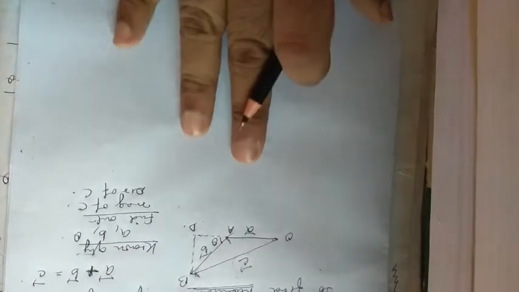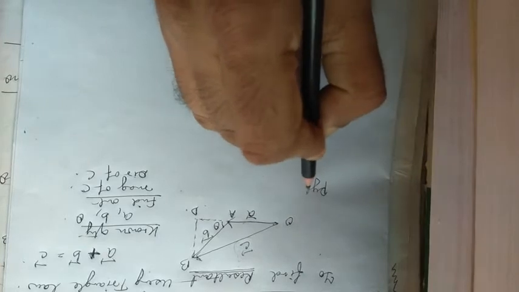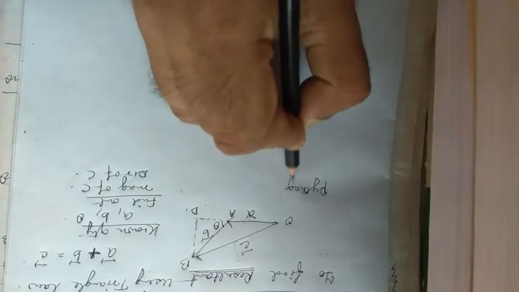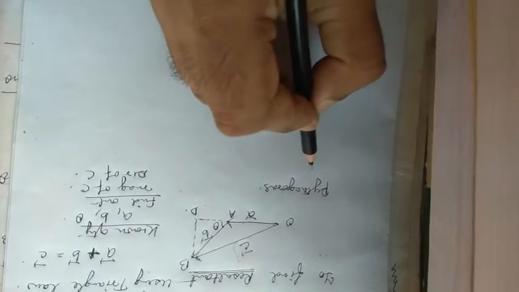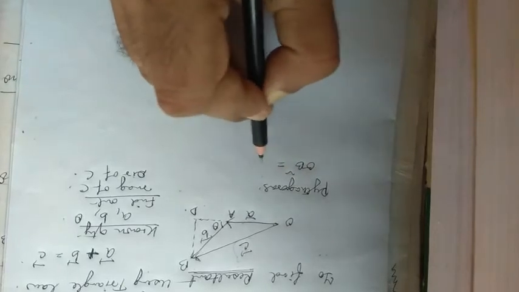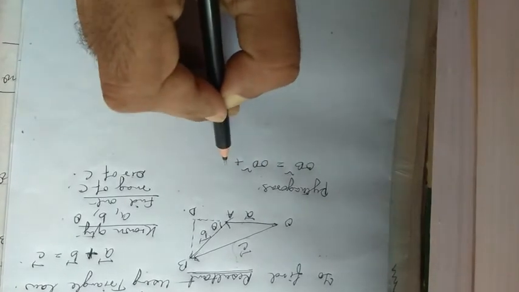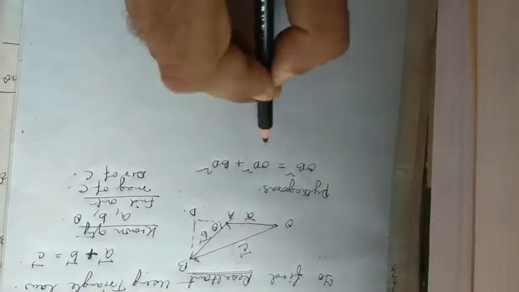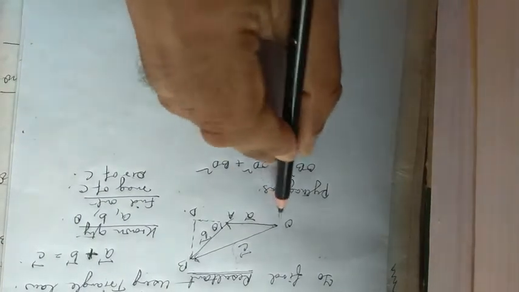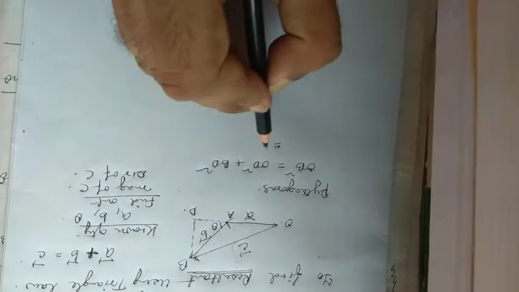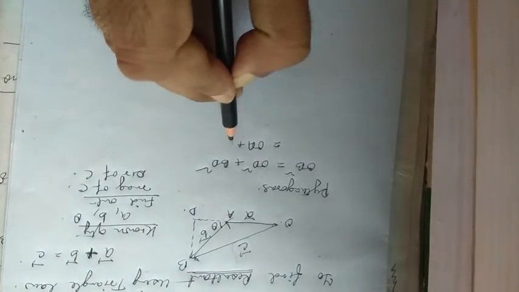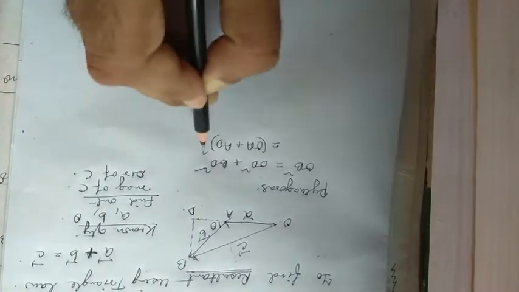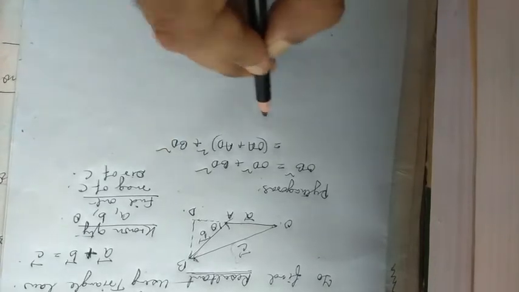Now, according to the diagram, from Pythagoras theorem what can we write? OB square is equal to OD square plus BD square. Now, what is OD? It is OA plus AD. So OB square equals (OA plus AD) square plus BD square.